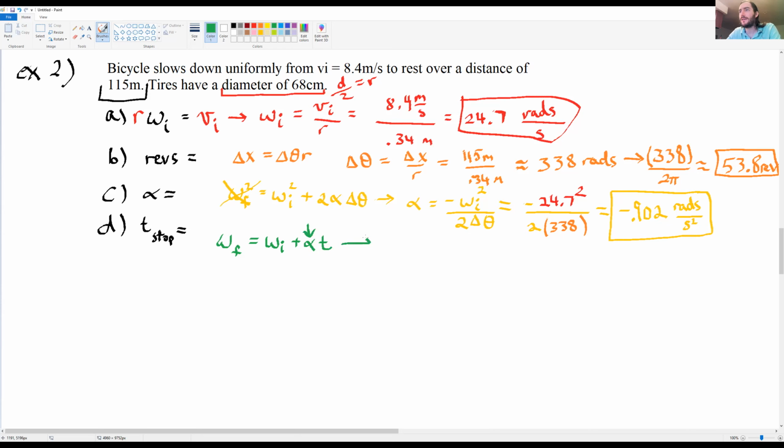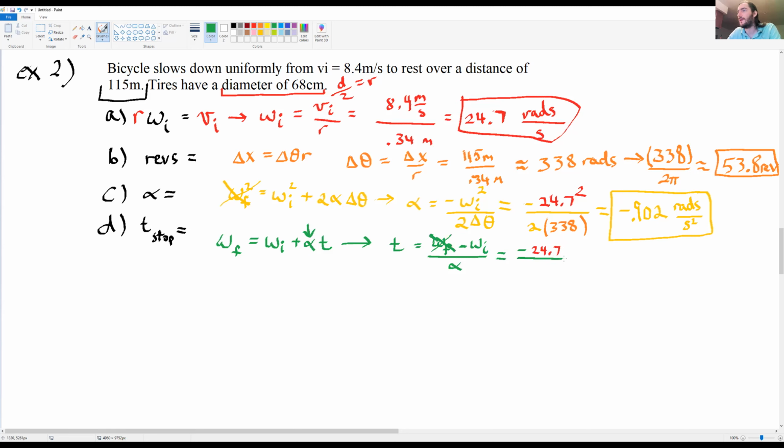Okay, so when we solve this here, again, I'll let you guys handle the algebra there. T is going to be equal to omega final minus omega initial divided by alpha. And you can see here that omega final is 0. So we have minus omega initial on top. So minus omega initial is 24.7 radians.